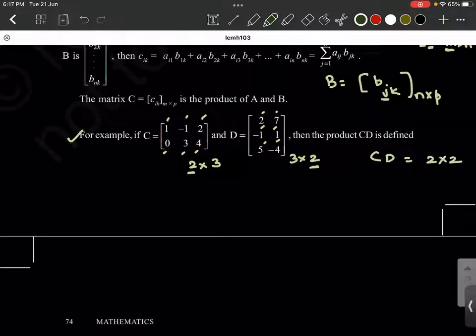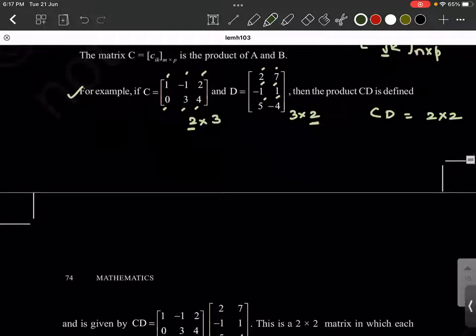Right? But how to perform the operation? When you take CD, it will be 2 cross 2, correct. So when you do CD, rows should be multiplied with columns and you need to take the sum of them.